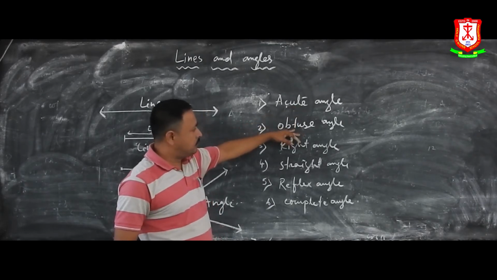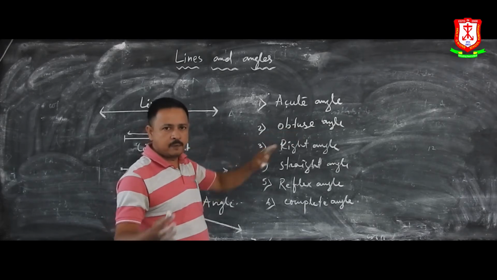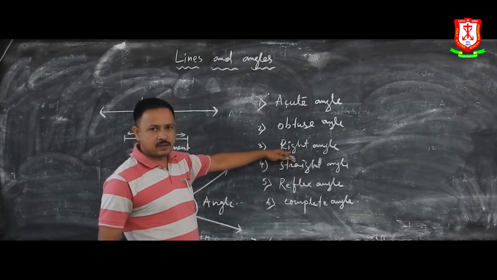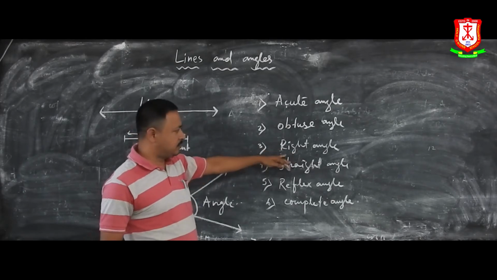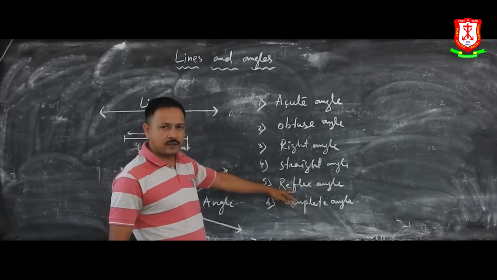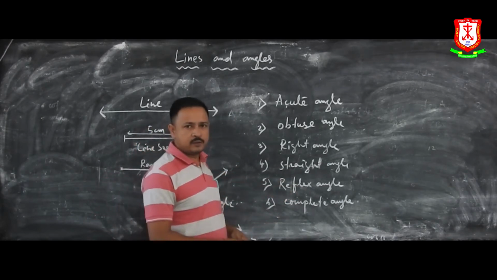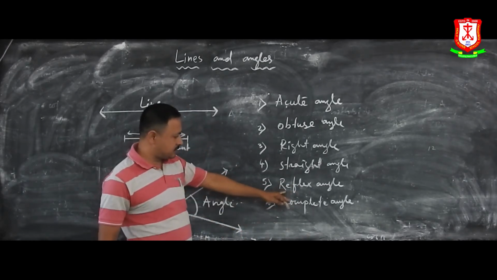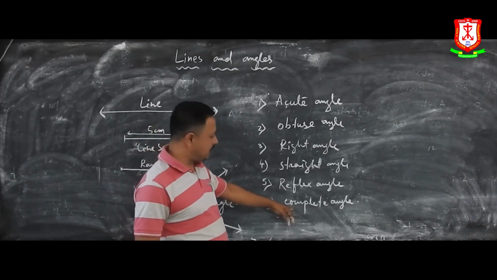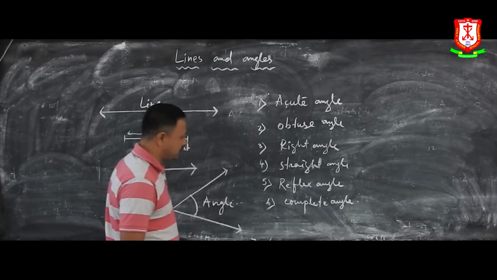Obtuse angle: more than 90 degree but less than 180 degree. Right angle: exactly equal to 90 degree. Straight angle: 180 degree. A reflex angle: more than 180 but less than 360, and a 360 degree angle is called a complete angle.